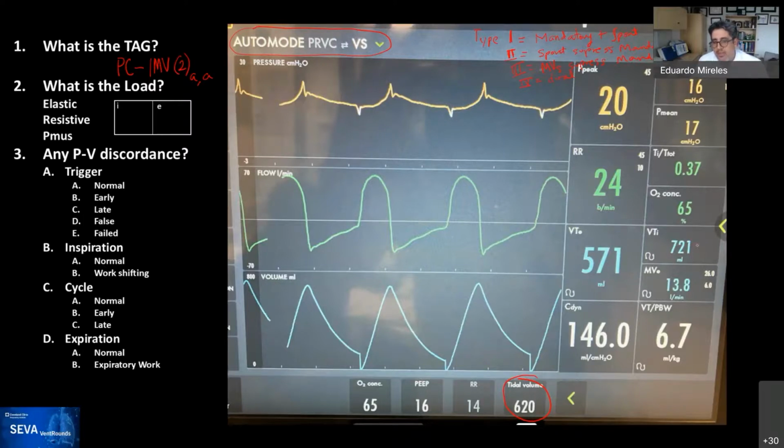And so you can see actually on this circumstance that the patient actually inhaled 721 milliliters. And so the machine is essentially not giving any support right now. The patient is breathing on CPAP, on a PEEP of 16 on its own, with no support, because the machine will decrease the pressure so that you can keep at the target.